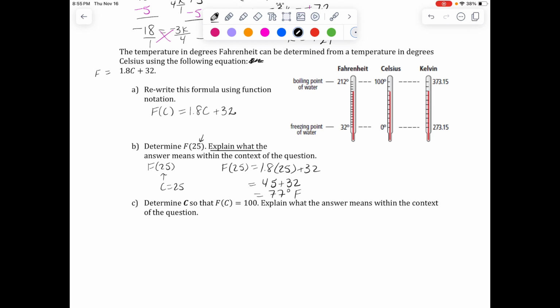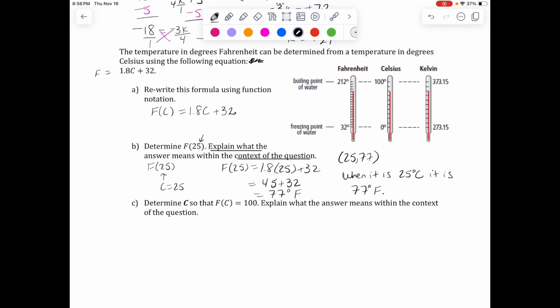Explain what the answer means in the context of the question. Okay, this is not just a point. This is not just 25, 77, which it could be if you were to draw this relation, this function, on a graph. But this means when it is 25 degrees Celsius, it is 77 degrees Fahrenheit.